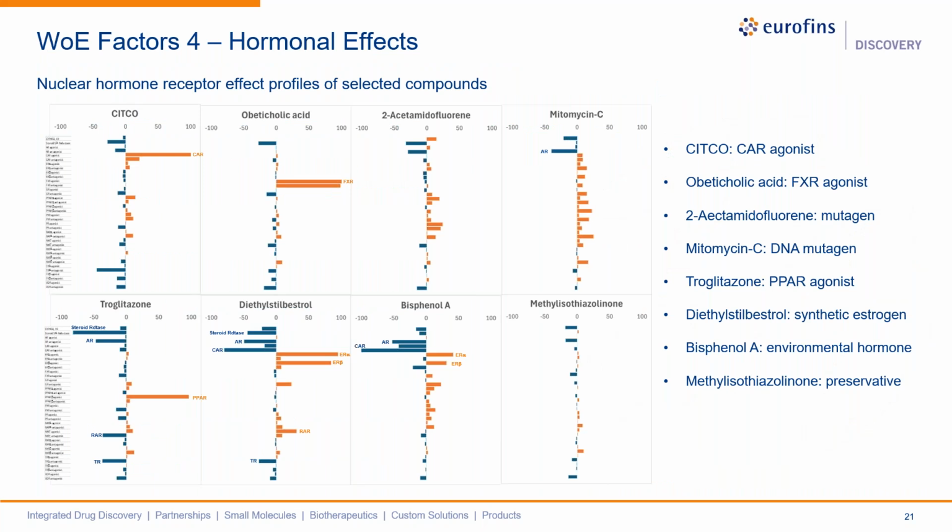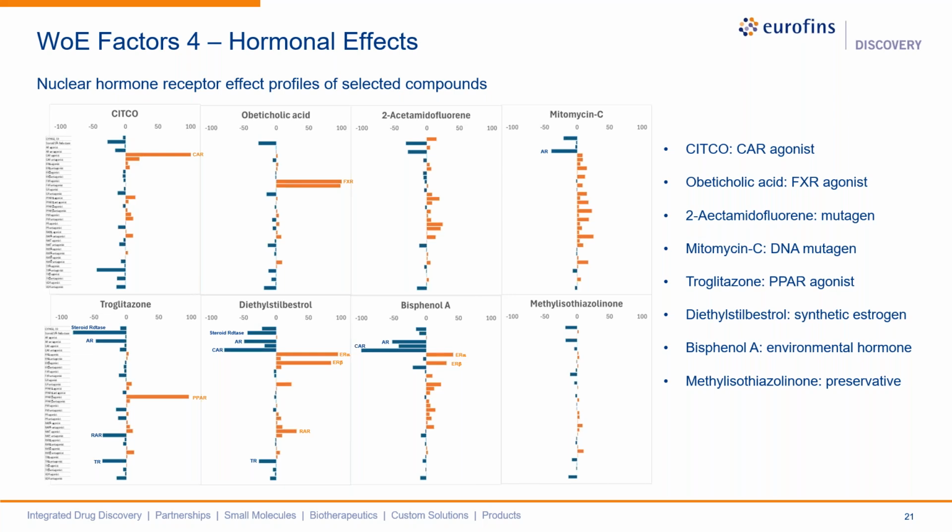And here you can see our case study. This is a detailed heat map illustrating how these compounds interact with various nuclear hormone receptors. The blue bars indicate inhibition, while orange shows activation. Let's highlight some particularly significant interactions.